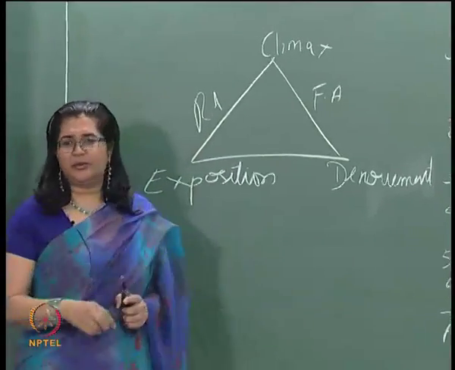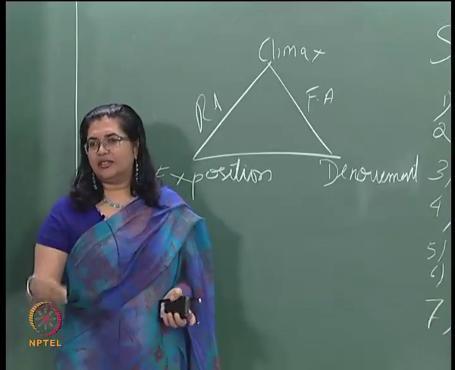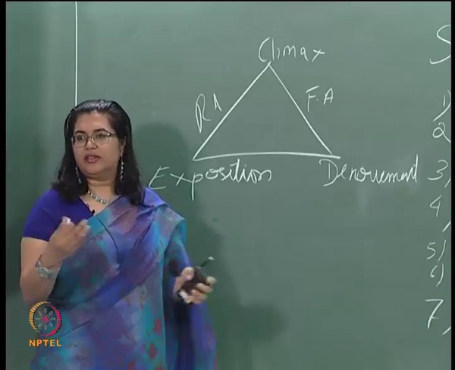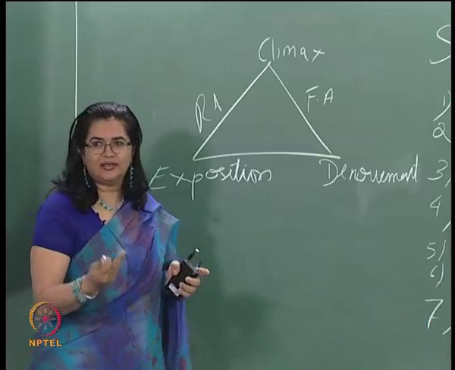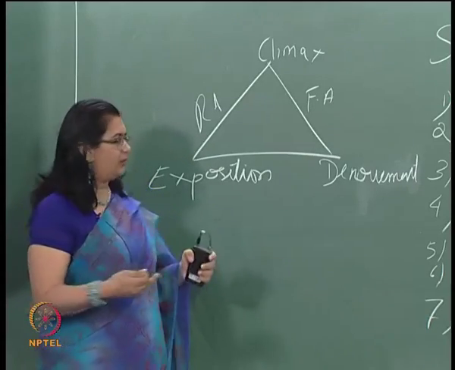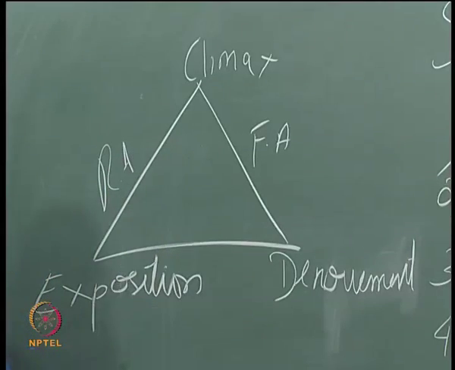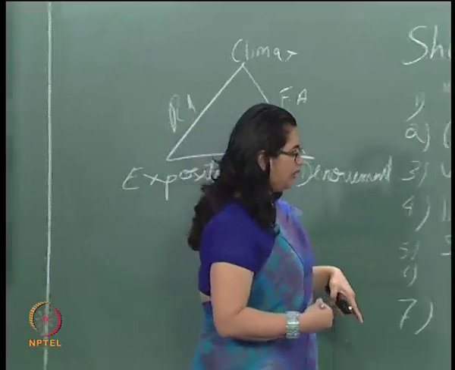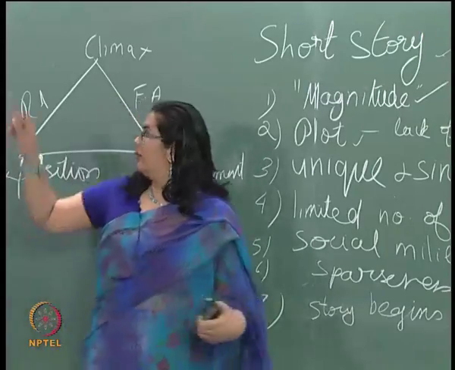You have an exposition, of course it is in a drama, but if we stretch it further and look at any work of fiction, there is always an exposition where there is a lot of detailing, and you are introduced to the major characters, the sets, and the tone of the novel or the fiction is established. You have a rising action, and then you have a climax. We have done all this, so I do not want to go over that again, but in a short story the plot starts unfurling from the climax onwards.